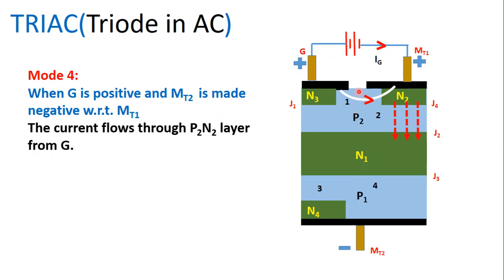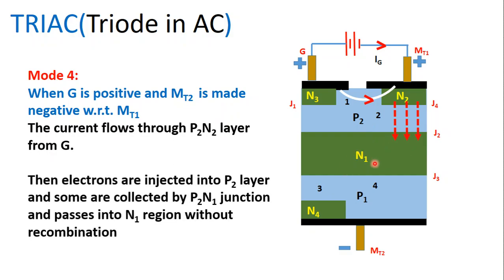After the flow of this current, the P1N1P2N2 structure will conduct. As I have told you earlier, as soon as the electrons enter the P2 layer, some of the electrons are recombined and some escape to this N1 layer. The N1 layer's potential will lower and one transistor structure, the P2N1P1 transistor structure, will turn on.